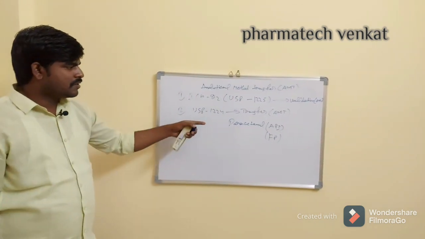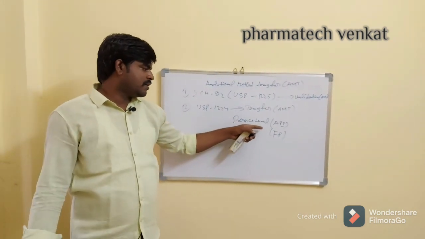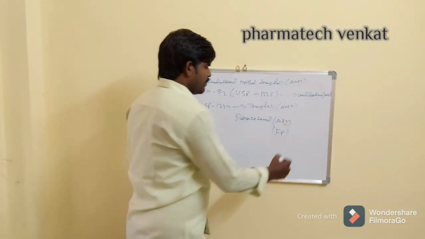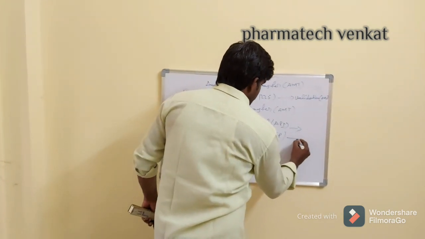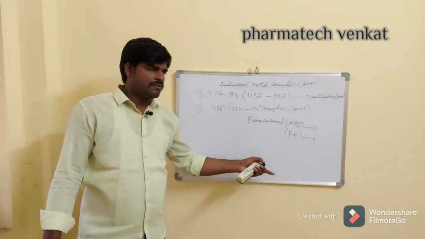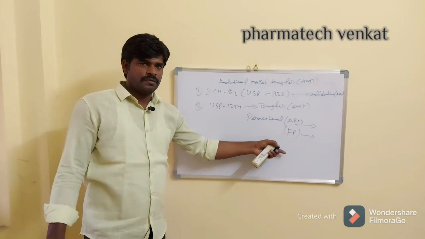Based on that, if you want to transfer the API method, what are the requirements for this API method? If you want to transfer the finished product method, what are the requirements of this particular paracetamol finished product?